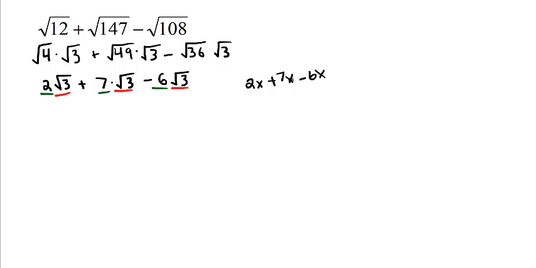How many x's total would you have? Well, 2 plus 7 is 9, and then minus 6 is 3, so you have 3 x's. So you'd ask yourself over here, how many square root of 3's do we have? So 2 plus 7 is 9, and then minus 6, we'd have 3 square root of 3's, and that would be our final answer.